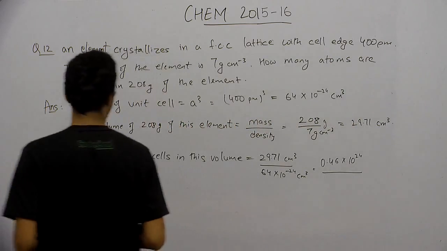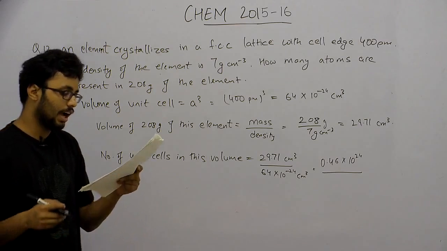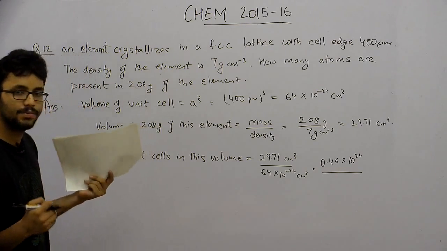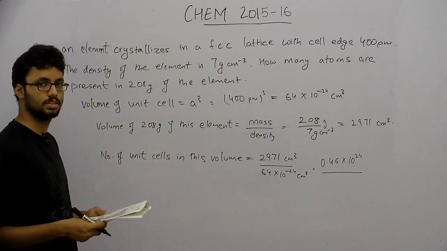Now, as we know, each FCC unit cell contains 4 atoms.